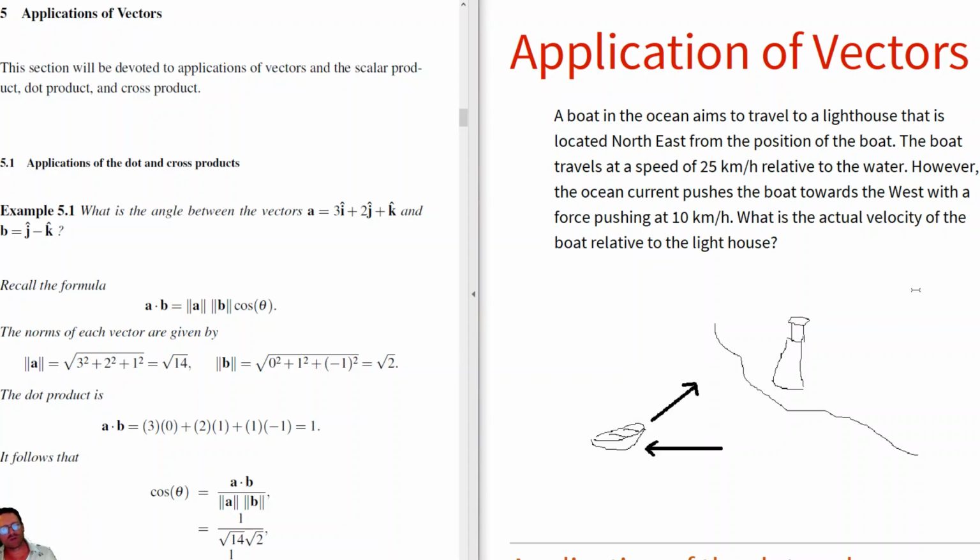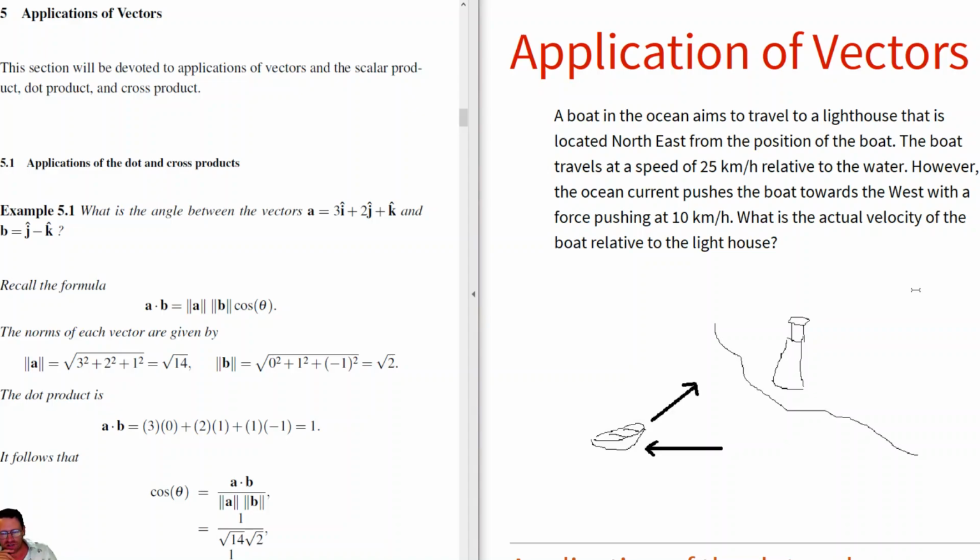Let's assume that it travels at its maximum, 25 kilometers per hour. However, the ocean current pushes the boat west at 10 kilometers per hour. What is the actual velocity of the boat relative to the lighthouse?